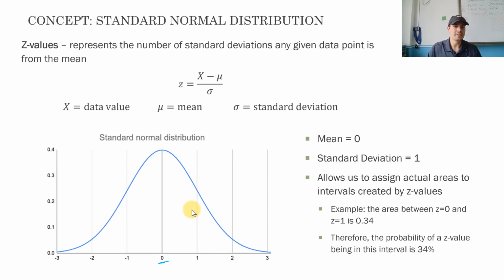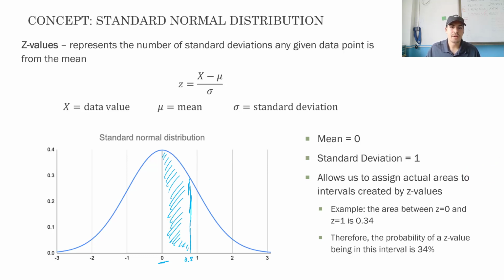So if we calculate some z values for a data set, even if the mean is not 0, and oftentimes it's not going to be, say I have a z value of 0.7 or 0.8 maybe, I can use that z value to calculate the area under the curve from my mean, and that's going to help me develop the probability of a data point falling within this interval.